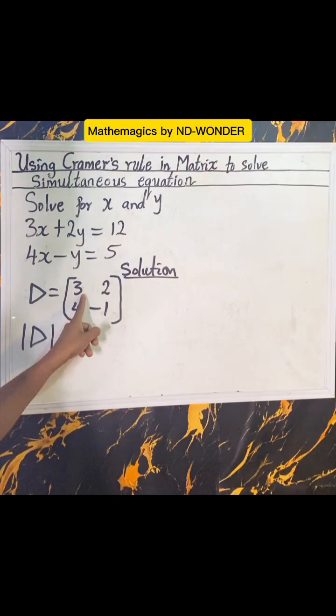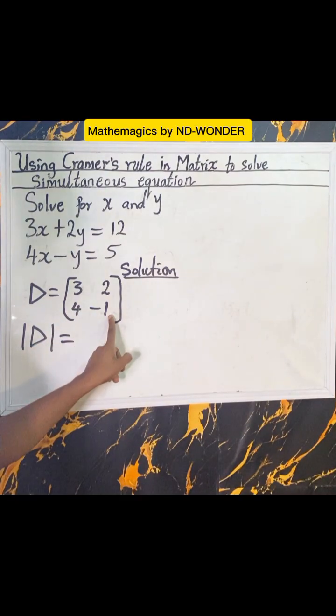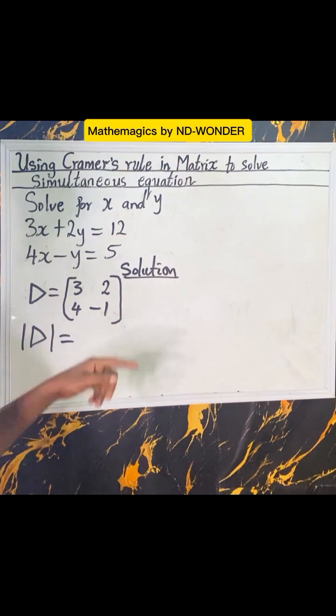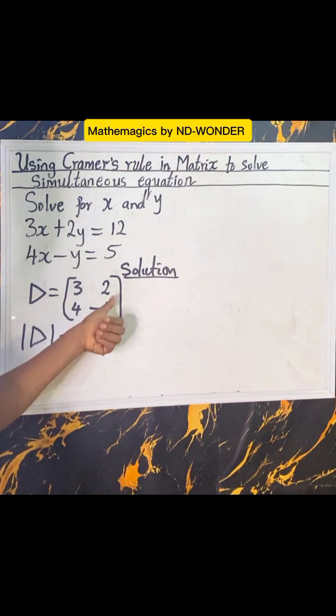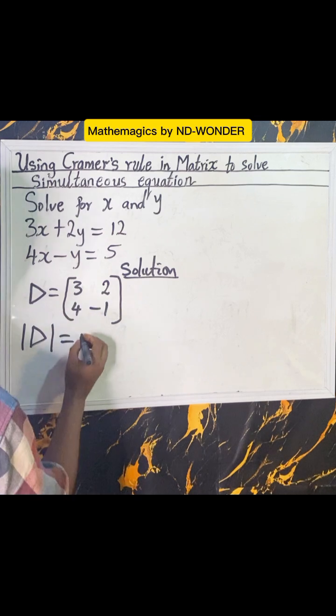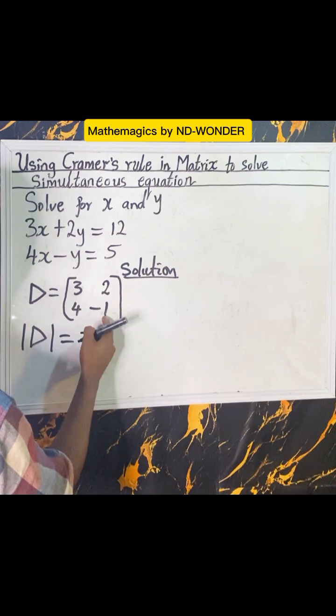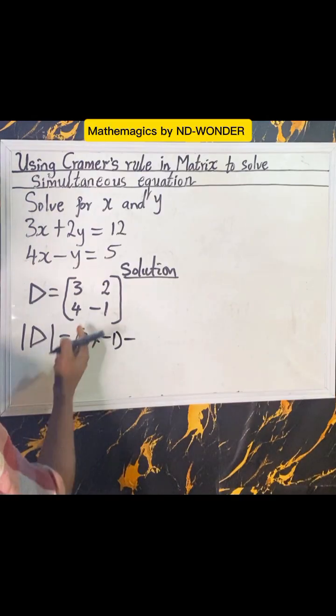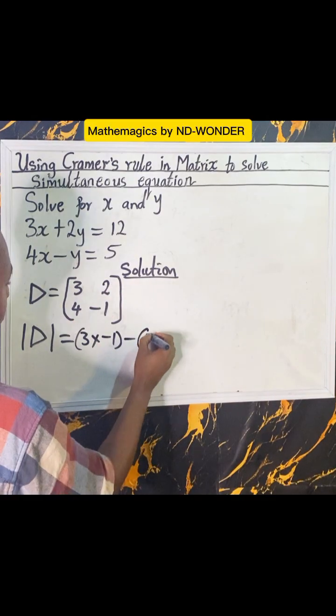The leading diagonal is 3 and minus 1. You multiply the leading diagonal, then subtract the product of the minor diagonal. So this becomes 3 times negative 1, minus 2 times 4.